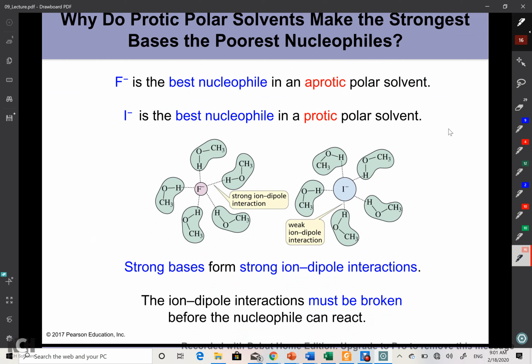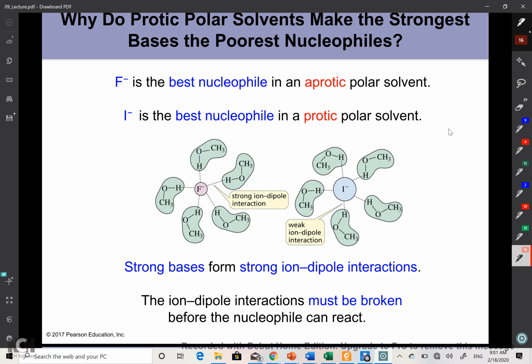So, you have the F minus in a polar protic solvent. This is a polar protic solvent because it's ethanol. What the solvent does is that it goes around and surrounds the fluoride. When it surrounds the fluoride, it doesn't make the fluoride available for reaction. And so the F minus will be a weak nucleophile in a polar protic solvent.